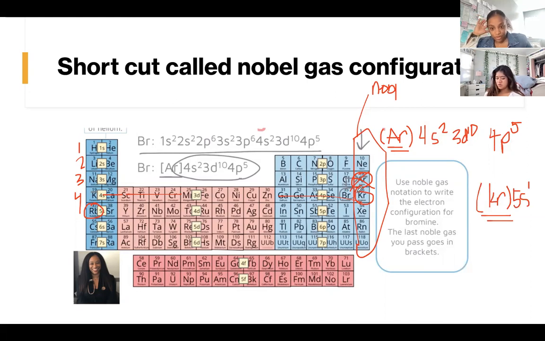Okay, got it. And then can you explain one more time the numbers or the configuration that goes after it? How do you determine that? Pretty much whatever your last noble gas is, if it was krypton, then you will derive the electron configuration from there.